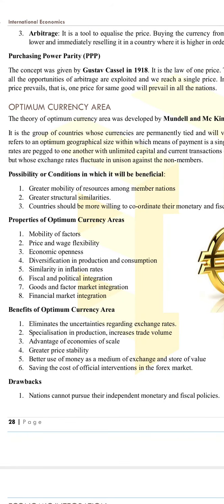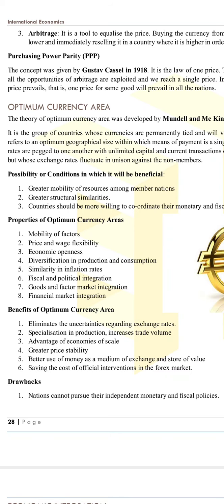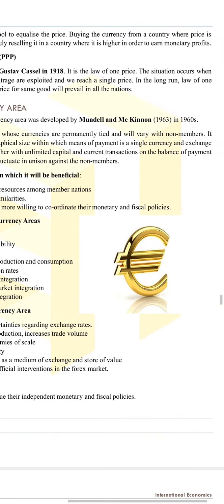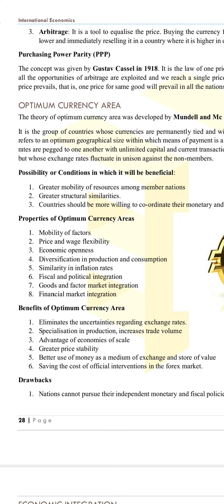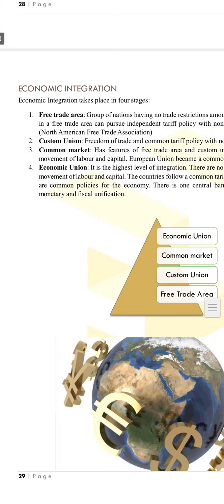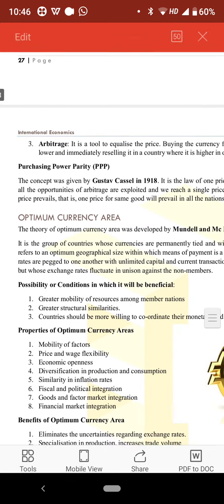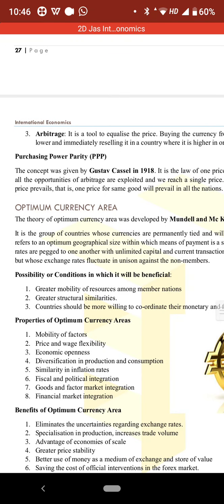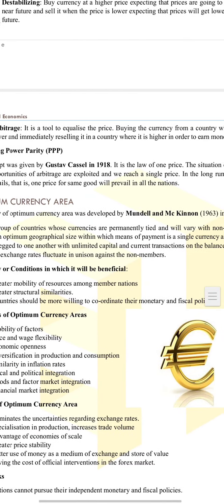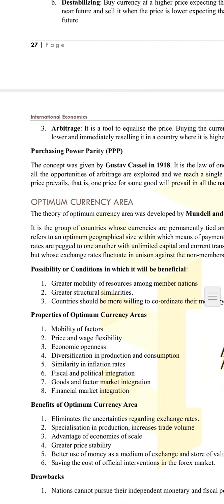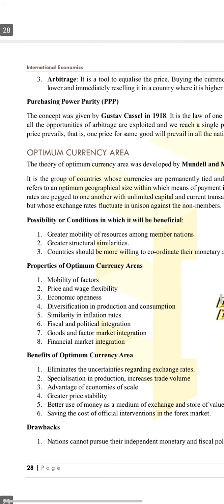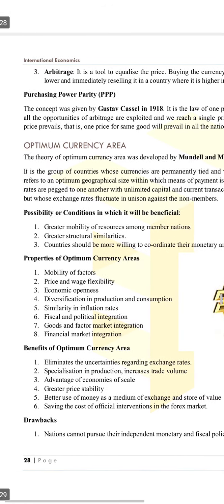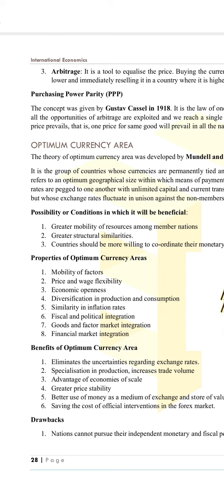It refers to an optimum geographical size within which the means of payment is a single currency and exchange rates are pegged to one another with unlimited capital and current accounts on the balance of payment, but whose exchange rate fluctuates in unison against the non-members.